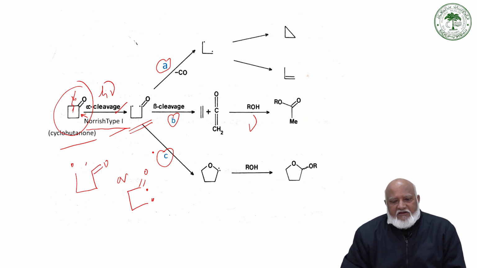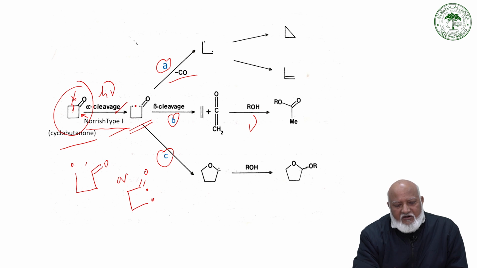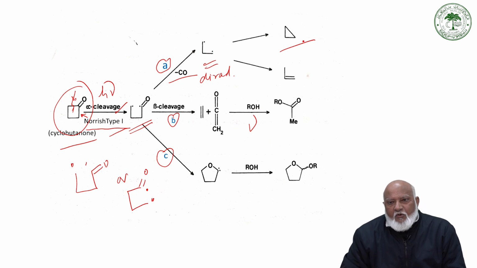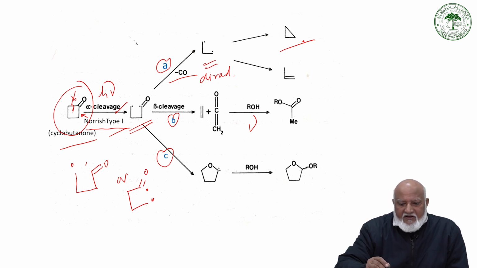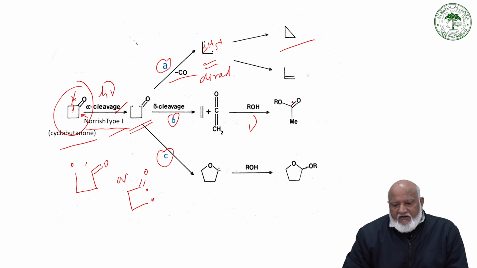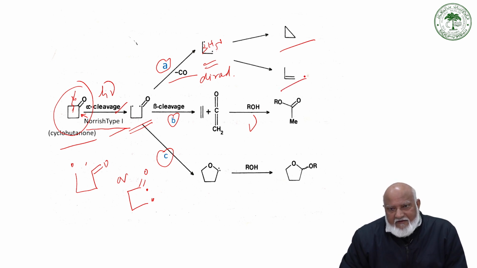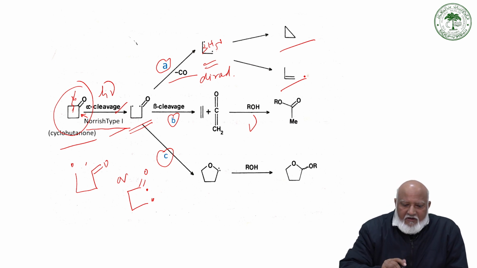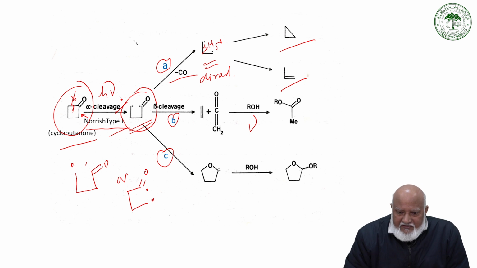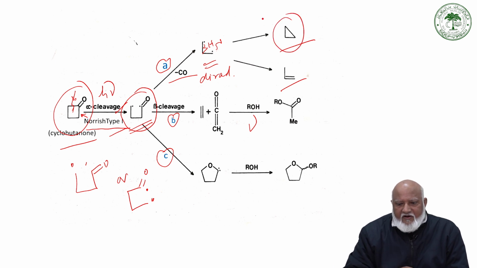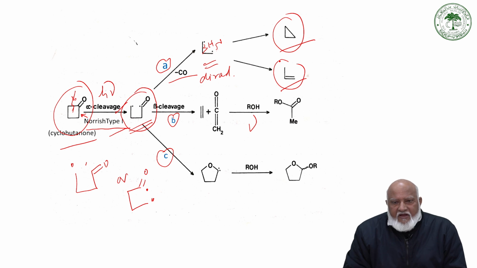First, we have already seen decarbonylation, loss of carbon monoxide, to give this 1,3-diradical. This can combine to give cyclopropane as one of the products, or it can abstract a hydrogen atom by one of the radicals to give an alkene.